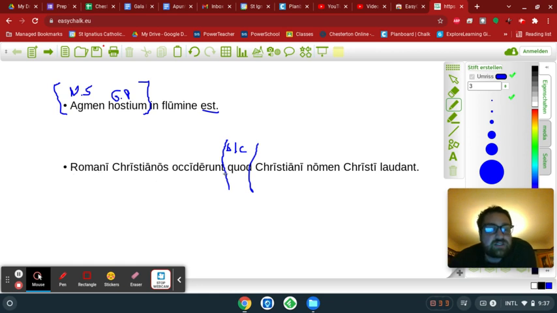Romani Christianos occiderunt. So here's our verb with our NT. So this means they killed, and so we're looking for a plural subject. Christianos is plural, Romani is plural, but Christianos is an accusative plural, which means Romani needs to be our subject. So that's going to be nominative plural.